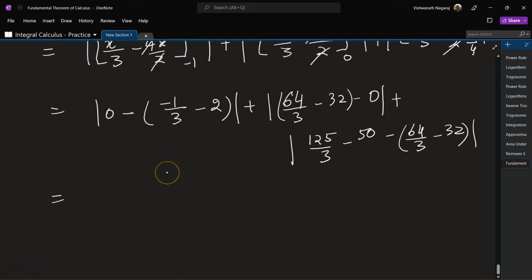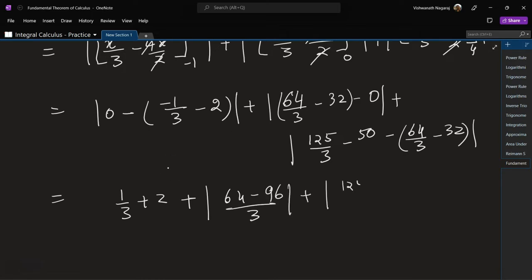Okay, we need to be very careful here. So this becomes 1 by 3 plus 2, plus 32 times. So let's carry the absolute value. So 64 minus 96 by 3 is 32 by 3, plus absolute value of 125 by 3 minus 50, minus this would be again 64 minus 96 by 3.